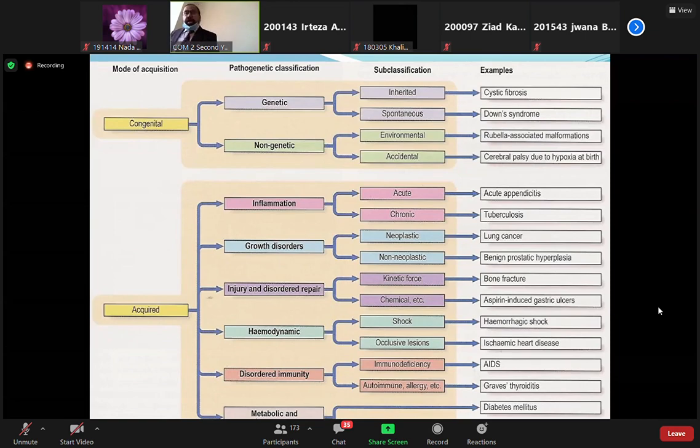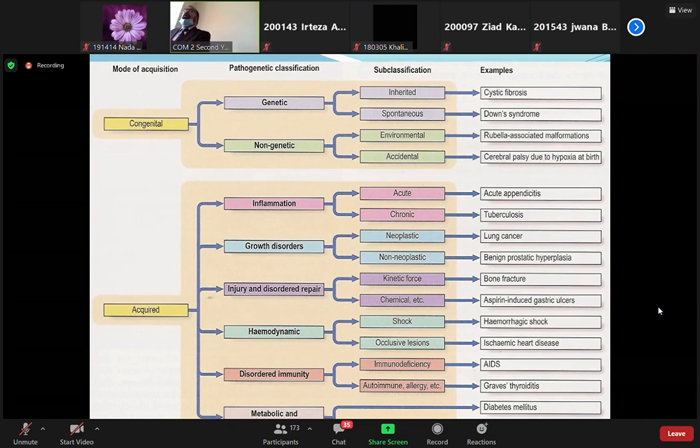Then the hemodynamic ones. You may have shock when there is excessive loss of blood, or occlusive lesions like ischemic heart disease. Then disorders of immunity like immune deficiency, AIDS, or allergic conditions like Graves thyroiditis, which is autoimmune. Then the metabolic ones, like diabetes mellitus, or degenerative disorders like osteoarthritis.